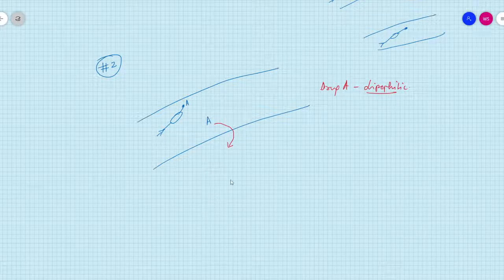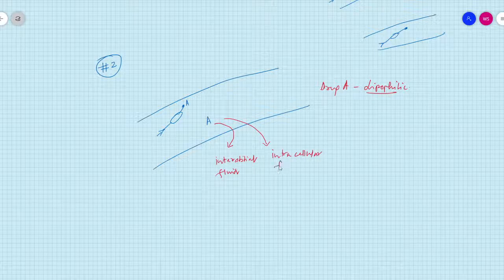So if it crosses the membrane, where can it go? It can go into the interstitial fluid, which is the fluid which bathes the tissues. Or it could go into the intracellular fluid, the fluid within the cells. Or it can go into the tissues. Here we have assumed that the drug is lipophilic.